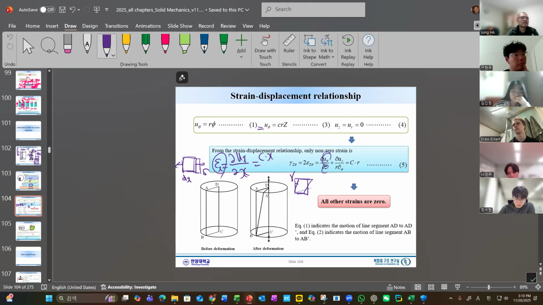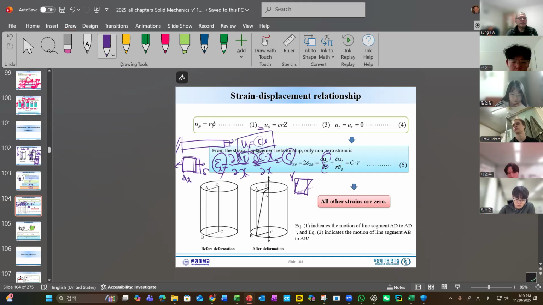Because ux, you remember, is a displacement, it will be a function of cx, right? So this can be like this, and this is a c. C is the proportional coefficient, nothing but the strain. Anyhow, this is the one, right?